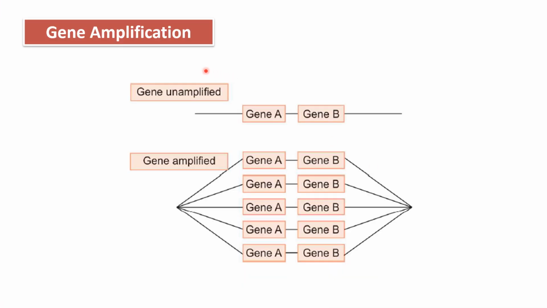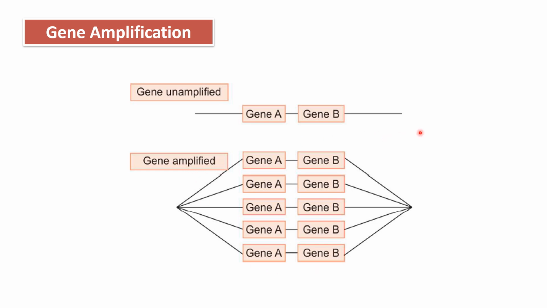So this picture shows how gene amplification is taking place. For example, gene A and gene B, if you think that these are the genes which are needed for producing dihydrofolate reductase. Now the patient is taking methotrexate for a long time. So basically this gene A and gene B will be destroyed by the drug. But what the cancer cells do is produce more gene A and gene B by gene amplification.